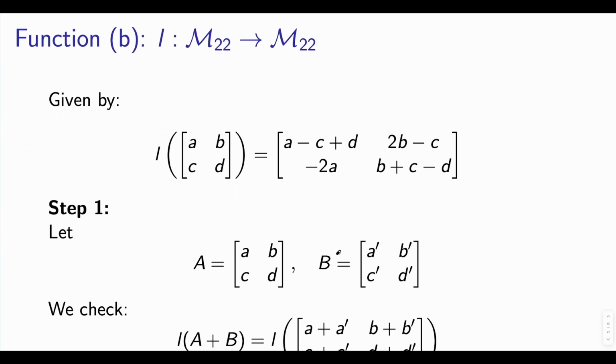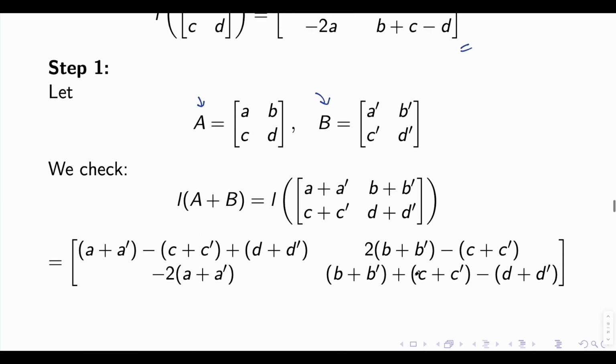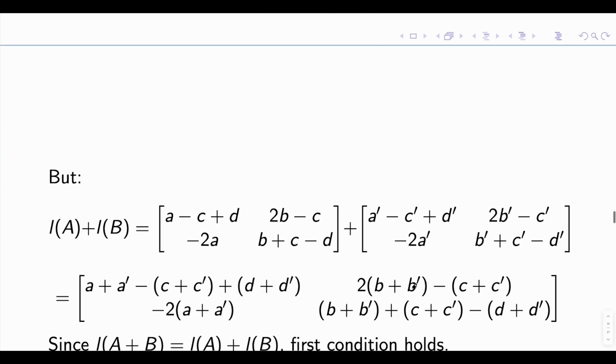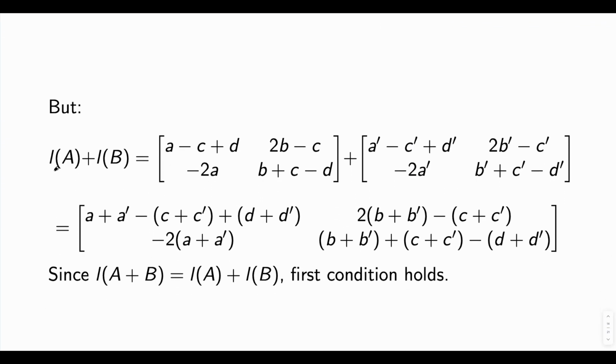Second part, the I from M2 to M2, you take an element that looks like a matrix. You take A, B, C, D, A dash, B dash, C dash, D dash, and then try to check the linearity property. So I of A plus B, and then you can calculate I of A and I of B, and when you see both are equal, the first condition holds true.